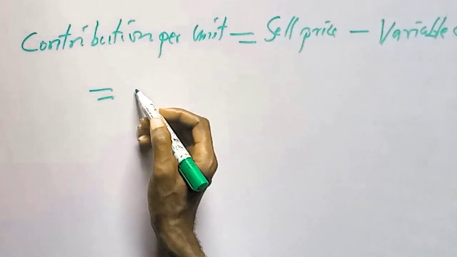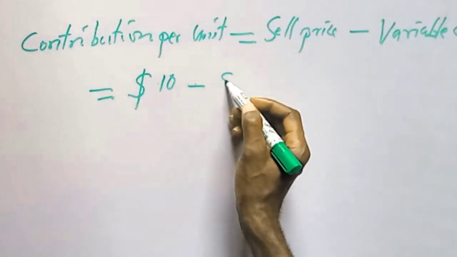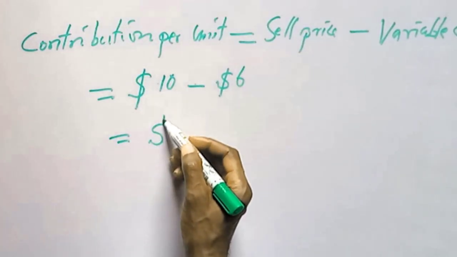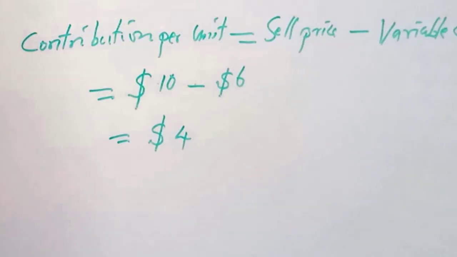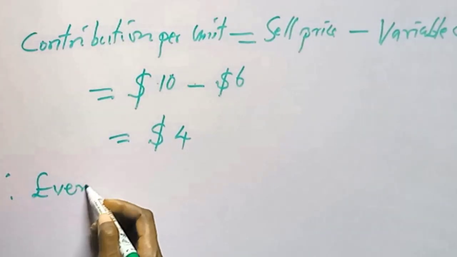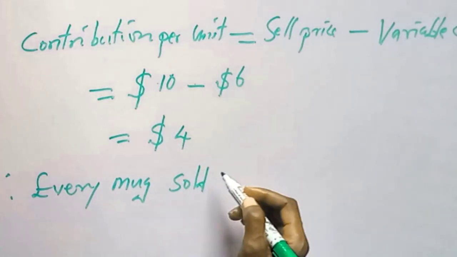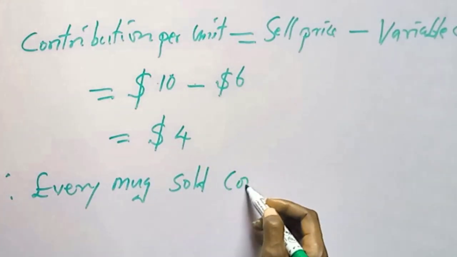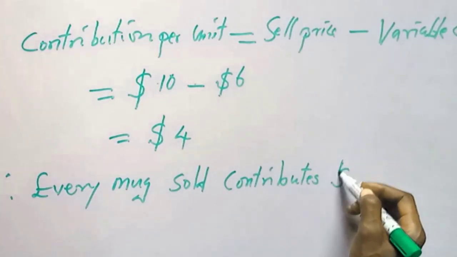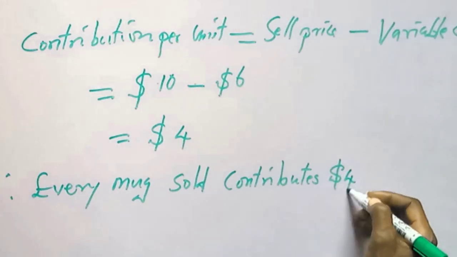Contribution per unit is equal to selling price minus variable costs, which is equal to $10 minus $6, which is equal to $4. Now, every mug sold contributes $4 towards paying fixed expenses. Secondly, applying break-even formula equals 100 units. So you must sell 100 mugs before making any profit.